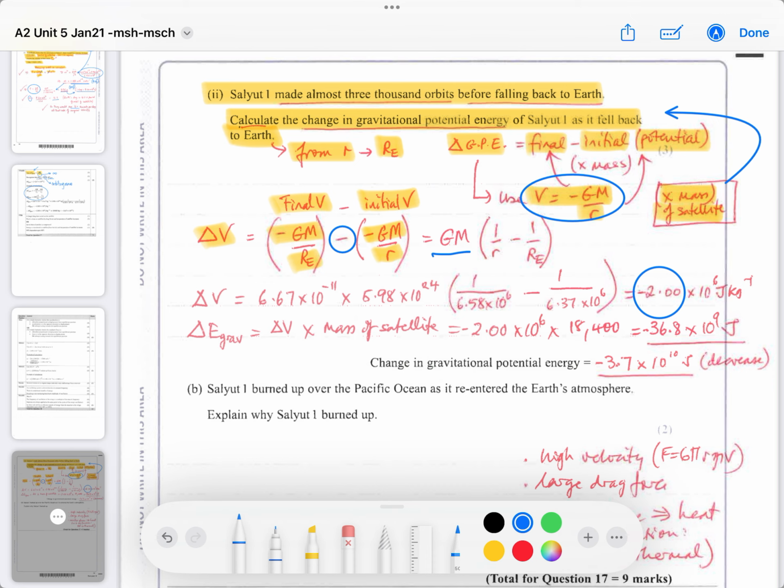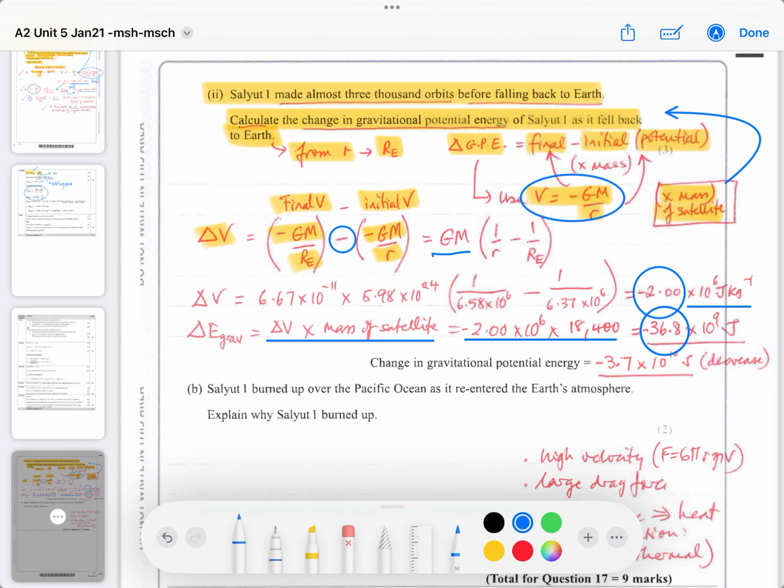This is not the part of physics I enjoy, doing all the number crunching, but you put the numbers in and you do it properly on your calculator, you should get 2.00 times 10 to the 6. That's the amount of joules per kilogram, and all you've got to do is multiply the change in potential by the mass of the satellite, which is 18,400 kilograms, and you'll get a change in potential energy, because it's not 1 kilogram.